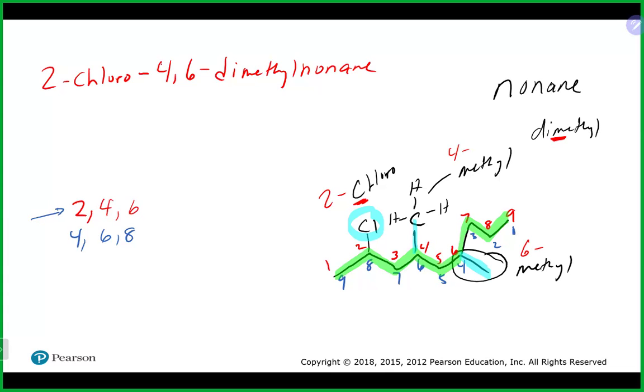So now that we kind of did the name from the picture, let's do what I think personally is the easiest of all of it, which is if they give you a name and ask you to draw it. It's actually the simplest one out of everything that you would do here.